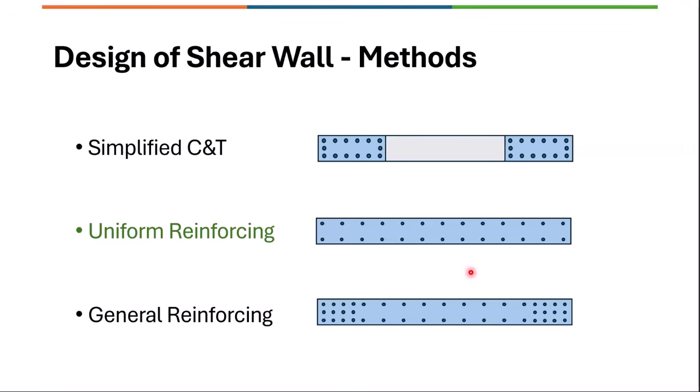Now for the shear wall, we have three methods available, the default one being the uniform reinforcing, a very simple one to start with, and another simplified C&T method, which will utilize the uniaxial bending forces. So minor direction bending is ignored.